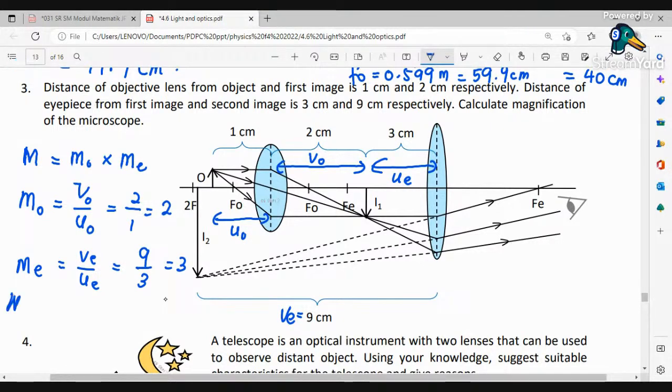Thus, the total magnification for the microscope is MO times ME. So you get 2 times 3. So the final image is 6 times bigger compared to the first object, O. So this is the magnification for the microscope.